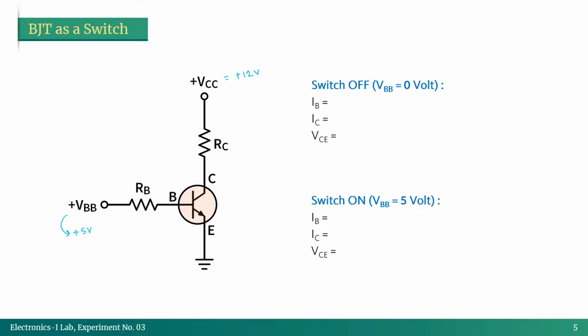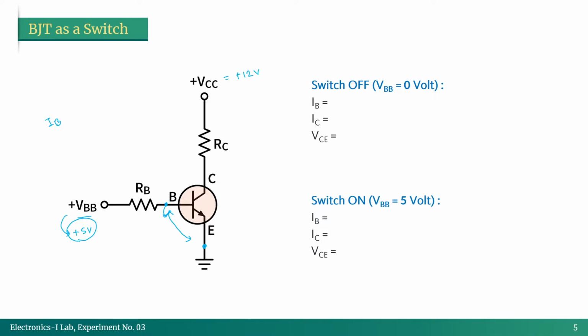At that moment, because we are giving a positive voltage at VBB, at this base terminal here, we are going to be getting a positive voltage which is 0.7 volt higher than our emitter node here. That's why this particular junction, emitter to base junction, will be forward biased, and because of this VBB, there will be some current IB, right?